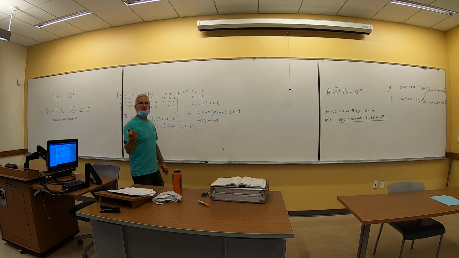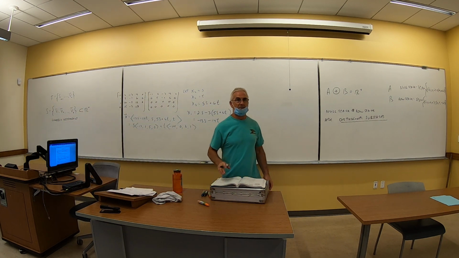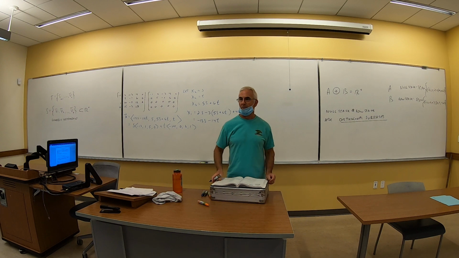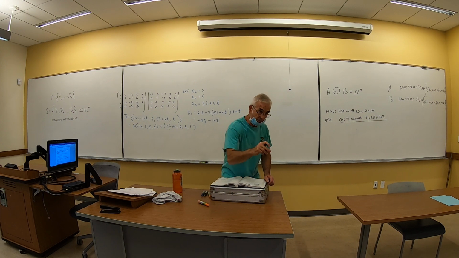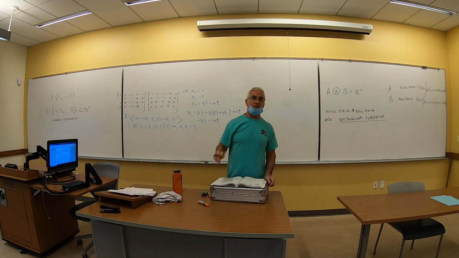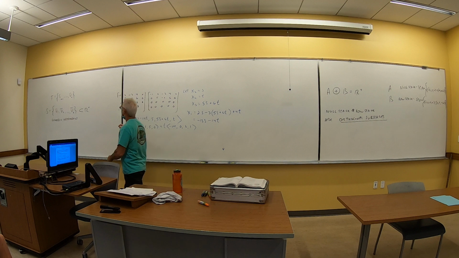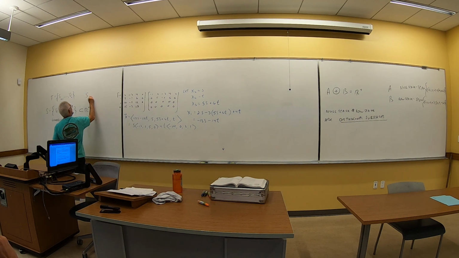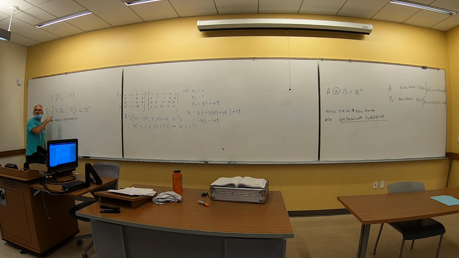Think of it in simple terms. I give you two vectors in R3. It's not all of R3, but I gave you two linearly independent vectors in R3. And I want to figure out a third vector so that, in words, every one of these vectors is orthogonal to every one of these vectors.